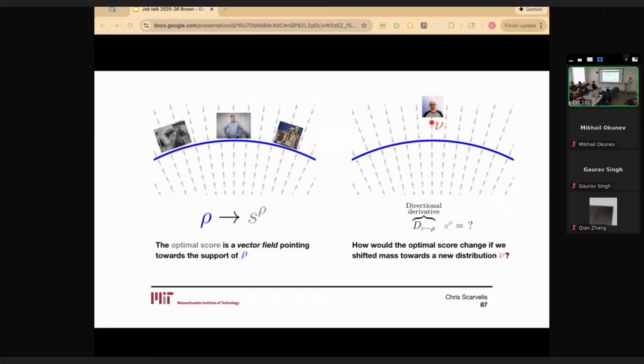The particular derivative we might be interested in is this map's directional derivative, which would tell us how the optimal score would change if we were to shift a little bit of mass toward the new distribution. In the real world, this would map onto adding or removing data from the training set. And intuitively, in an example like this one, you'd expect that vector field to shift away from the blue curve and towards the red point.